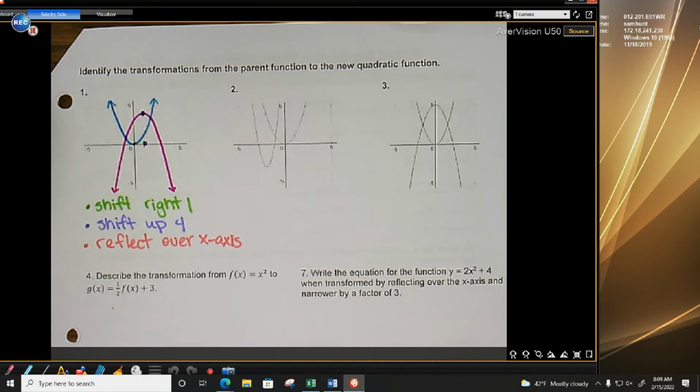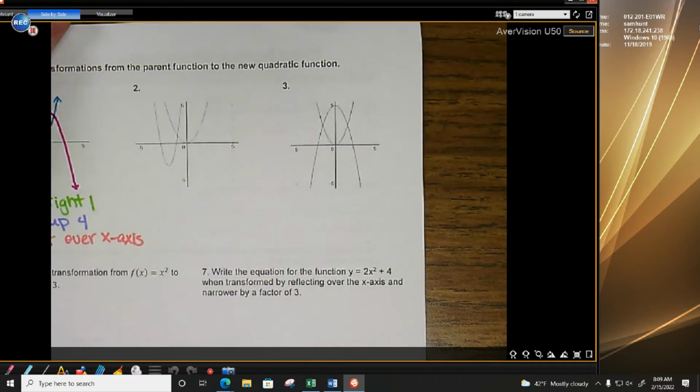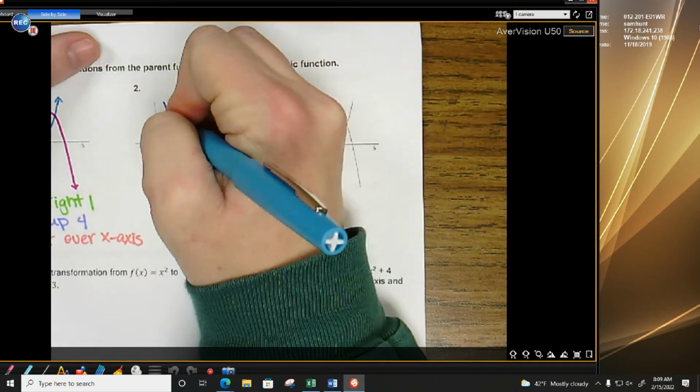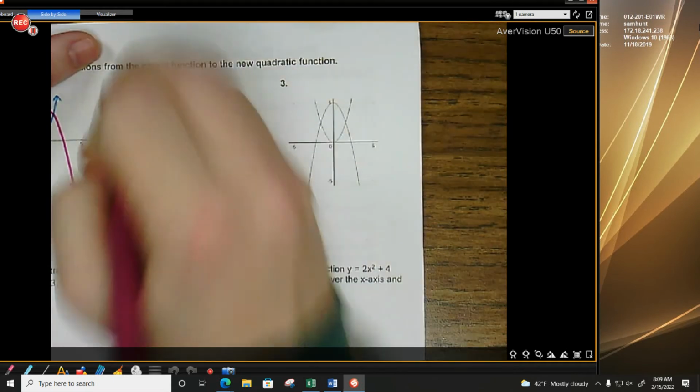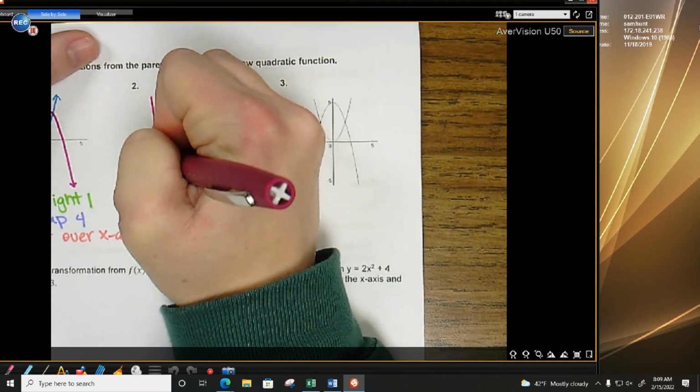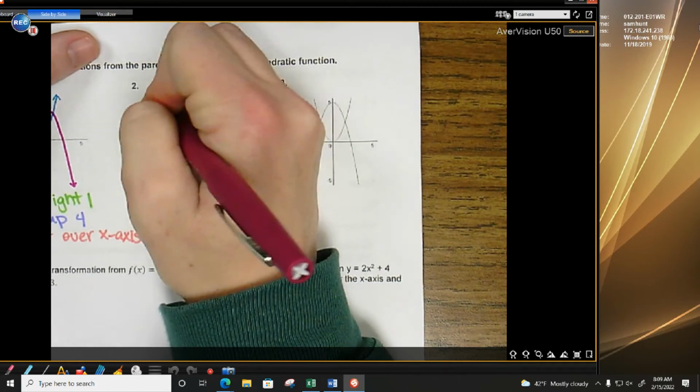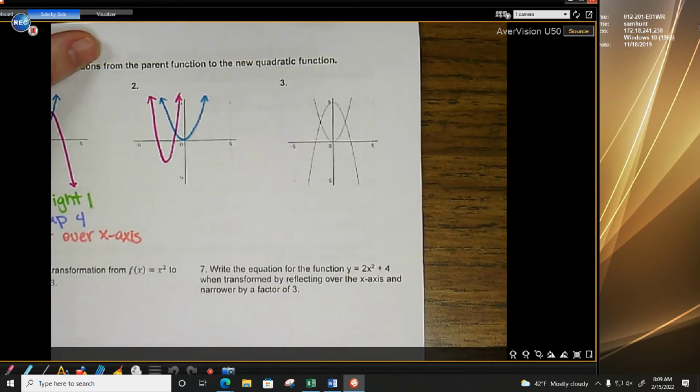Next one. Start with the vertex of your parent function compared to your new function. Is the vertex in the same spot? No, it's not. So what do I need to do with my vertex to get to the new vertex? Shift which way? Left.